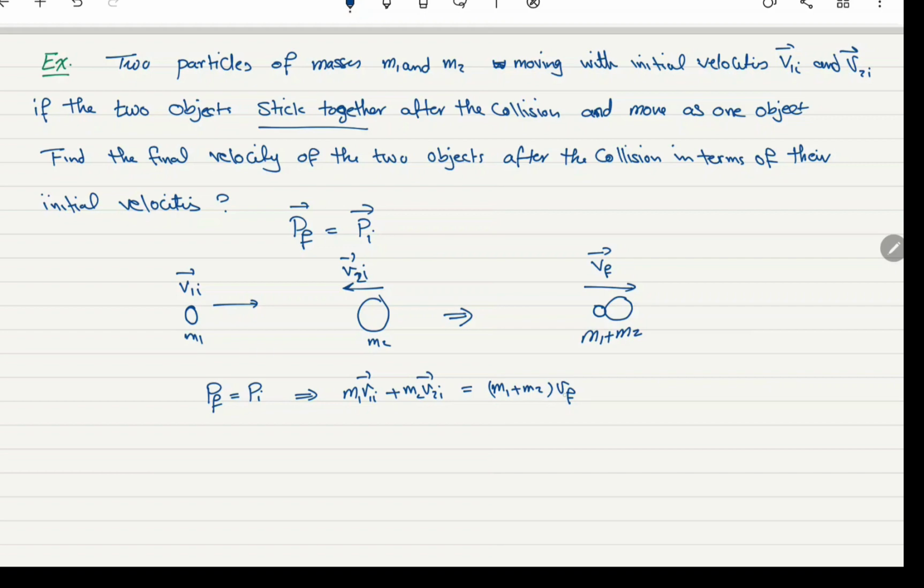No need to name it final 2 or final 1, just v final. In this case, v final equals m1 v1 initial plus m2 v2 initial, over m1 plus m2.